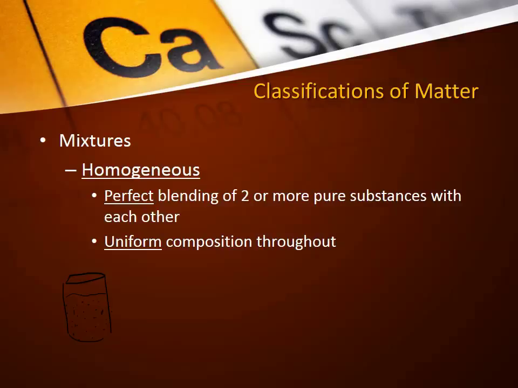Now, it's not really an actual good illustration. I'm trying to show it actually evenly distributed. So I guess after you stir that up, it would just look like this. But anywhere in this should look the same. So if I have something at the bottom, and I have samples that look different, that is not a homogeneous mixture.